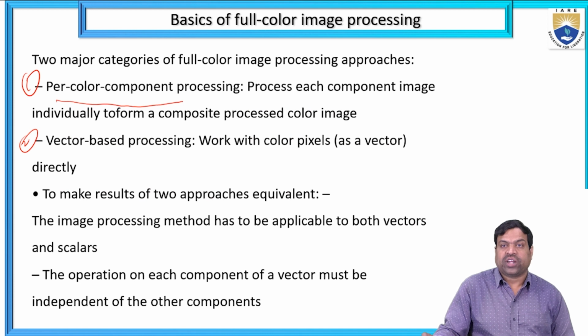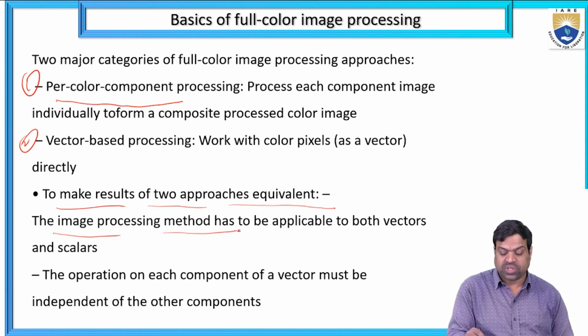So the two major categories of full color image processing are per-color-component and vector-based processing. Per-color-component processing is the process of each component image individually to form a composite processed color image. Vector-based processing works with color pixels as vectors directly. But to make the results of the two approaches equivalent, the image processing method has to be applicable to both vectors and scalars.